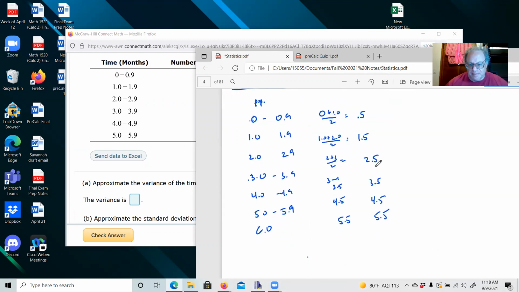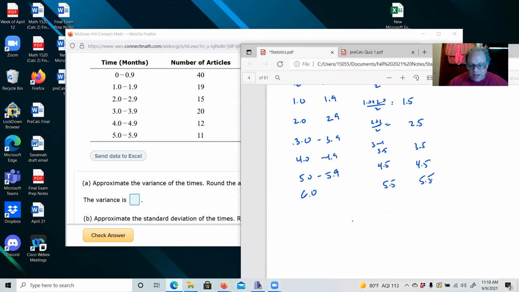So we need to get the mean stuff. So what we're going to do is say, well, we've got 40 things that took half a month. So we have 40 plus 19 plus 15 times 2.5.